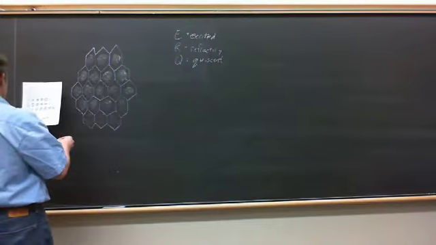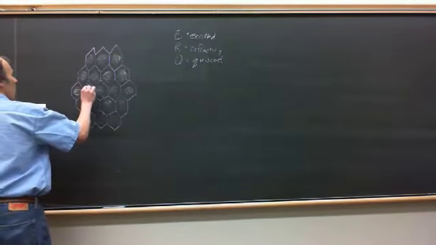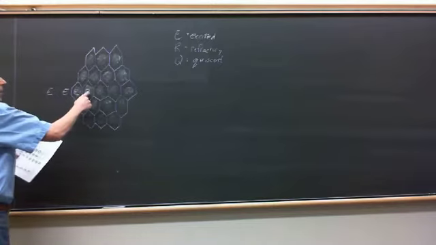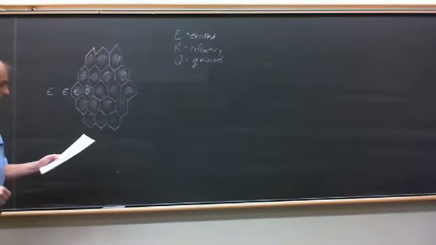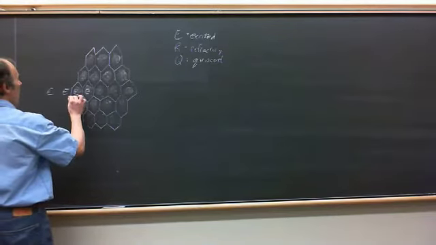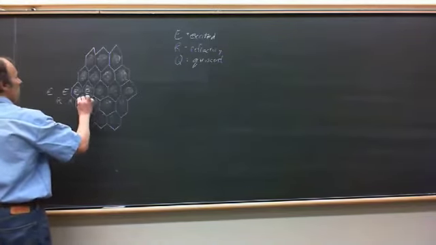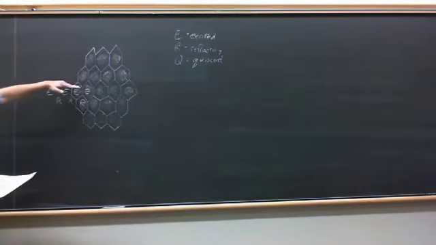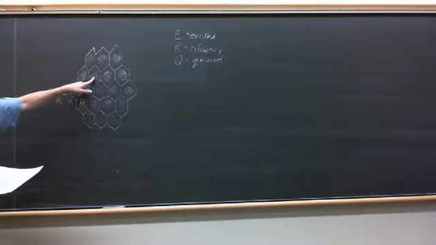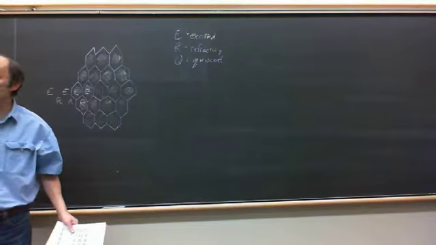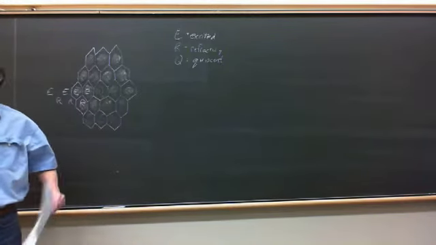I want you to start with a line of excited cells, you probably have it like this, all the way from your edge almost to the middle, and then it stops. And right behind that is going to be a line of refractory cells like this. So it's as if this wavefront was propagating up along here, but all the rest are quiescent. So I want you to start from this case and now watch what happens.